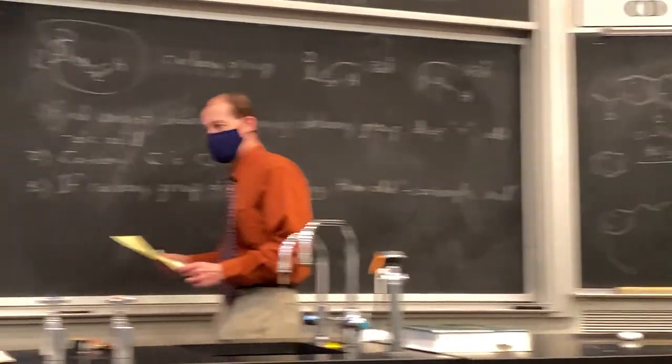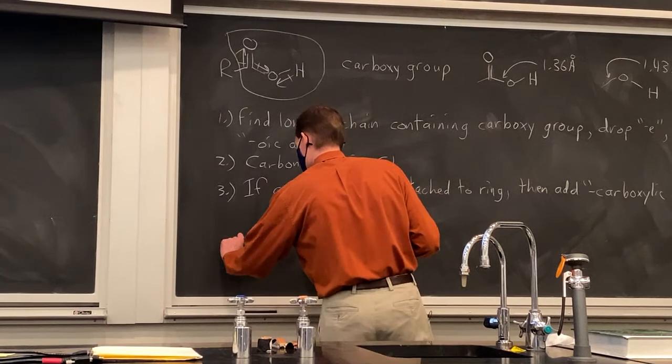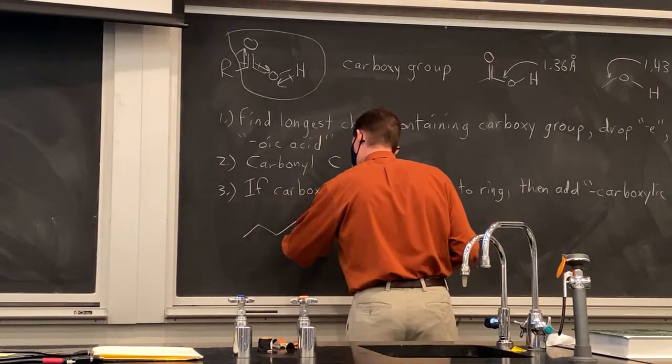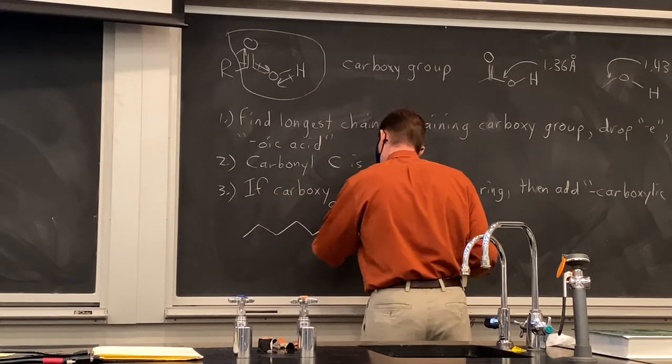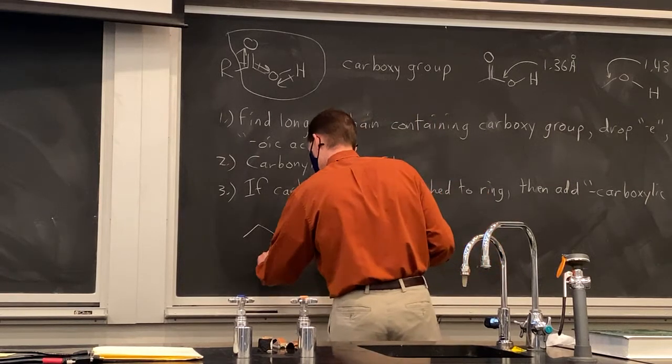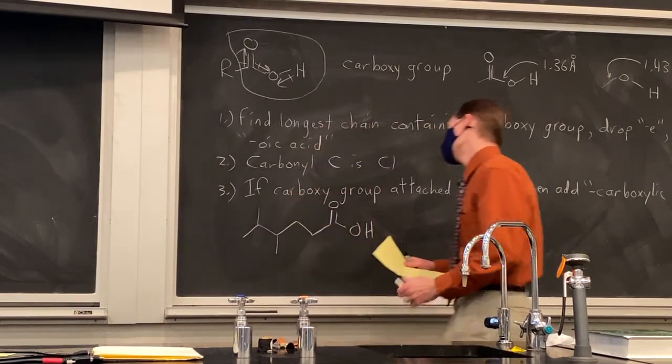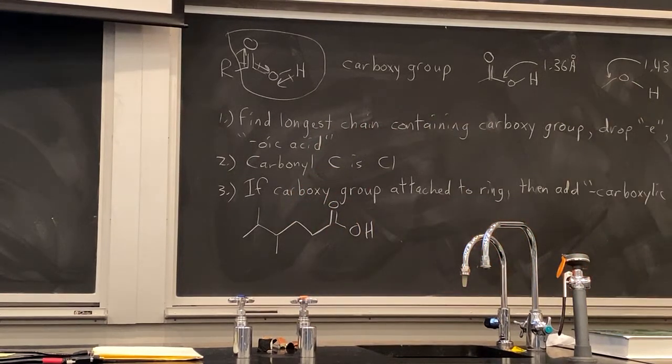So let's look at a couple simple examples to make sure we understand this. All right. How many carbons in our longest chain containing the carboxylic acid? 6.